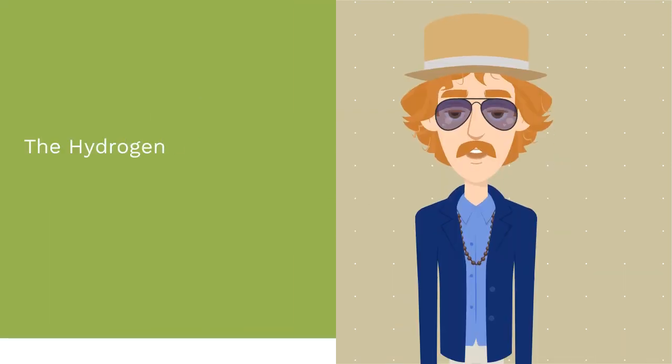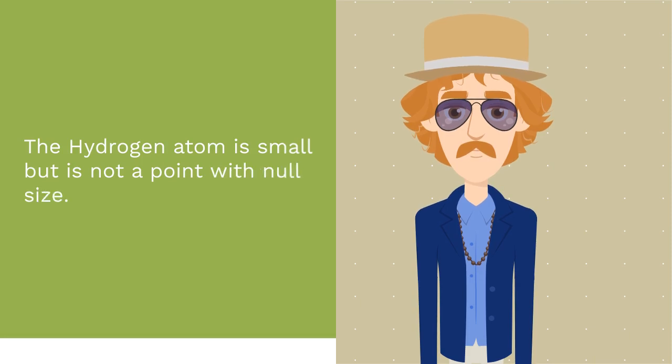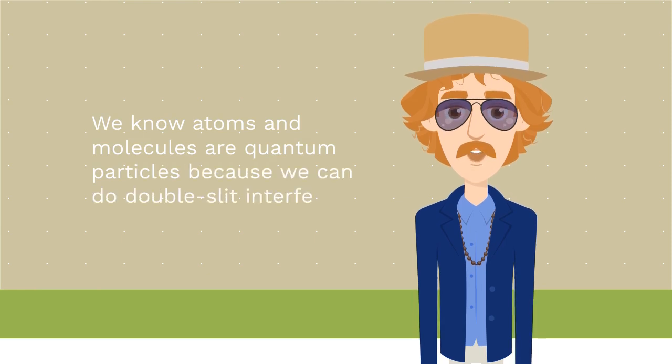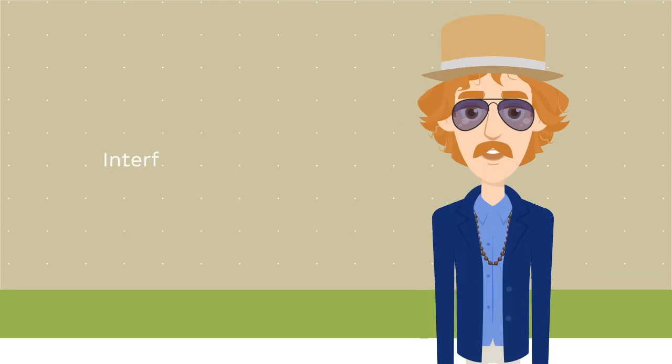The hydrogen atom is small but is not a point with null size. We know atoms and molecules are quantum particles because we can do double-slit interference experiments with atoms and molecules. Interference phenomena require the existence of waves.